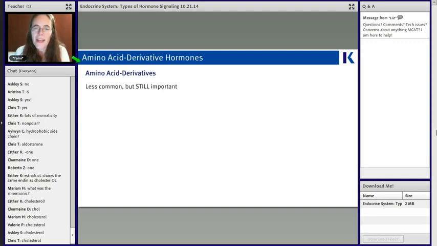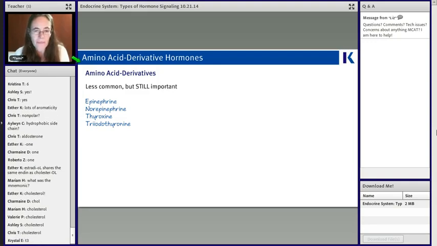Okay, again, they're less common, but they're still very, very important. When we look at these, these are things like epinephrine, norepinephrine, thyroxine, which is T4, and then T3. Okay, so we've got T4, we've got T3. When we look at those two, T4 and T3, remember what that 4 and the 3 are, is the number of iodines attached.